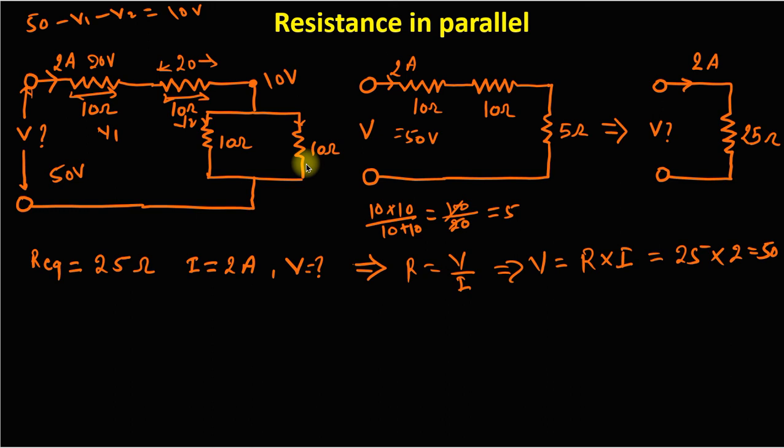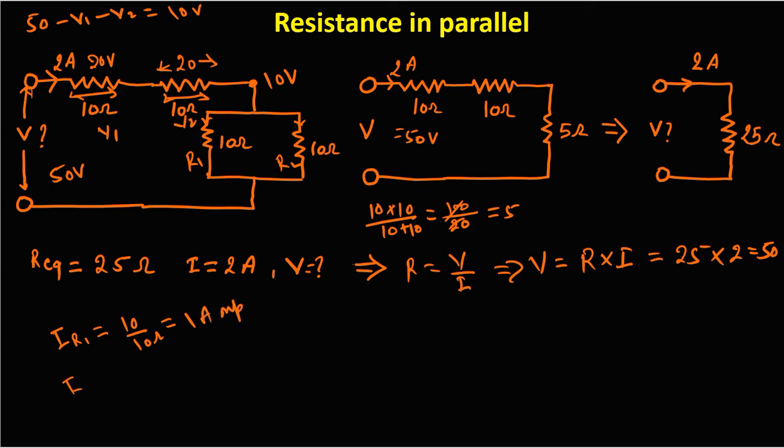Suppose this is R1 and this is R2. The current through R1 will be 10 volt divided by 10 ohm, which is 1 ampere.